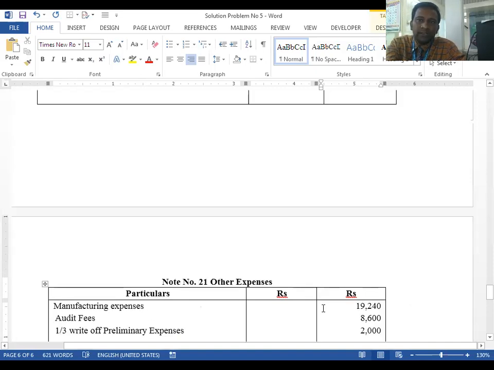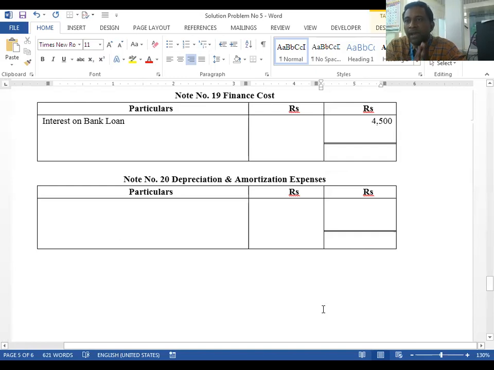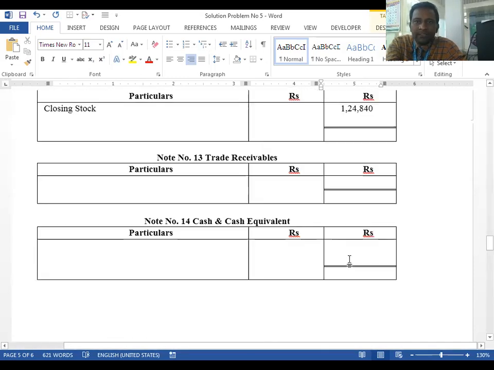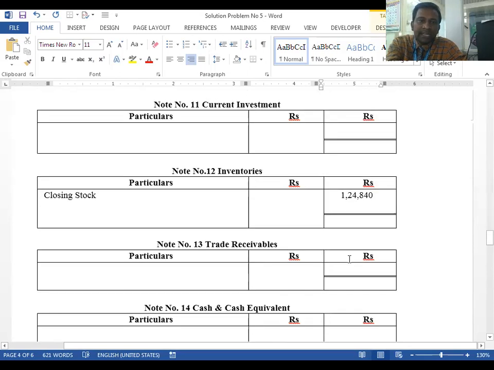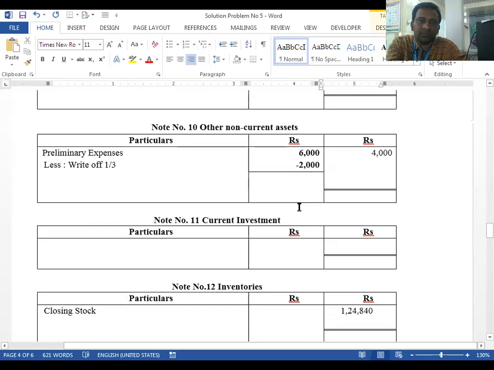First, the balance of preliminary expenses given in the trial balance should be transferred to the balance sheet on the asset side, that is, other non-current asset, under the notes, other non-current asset.